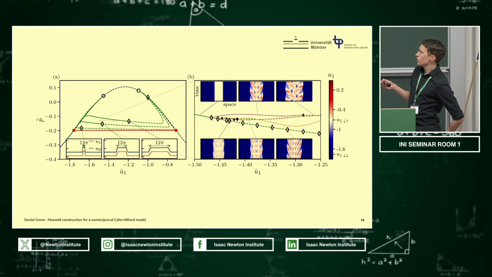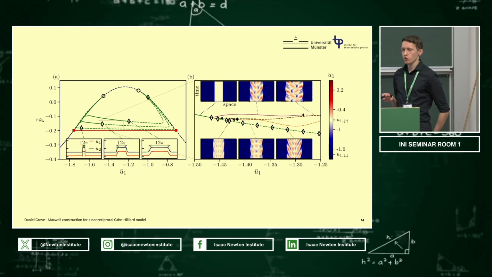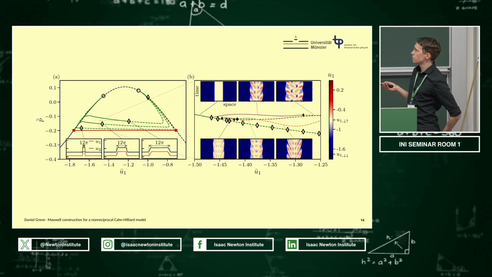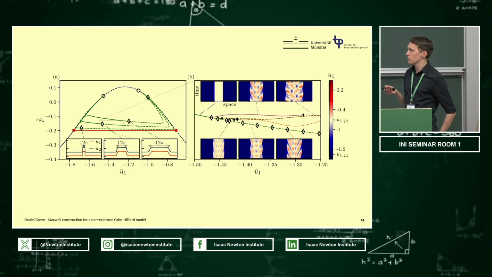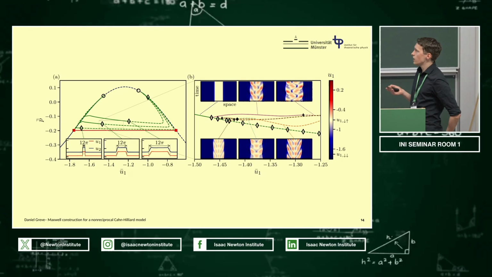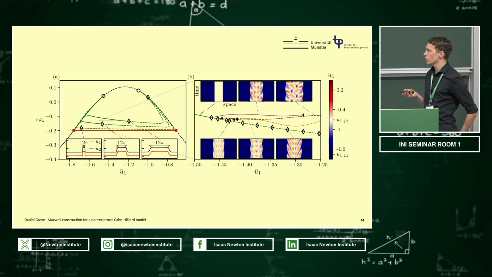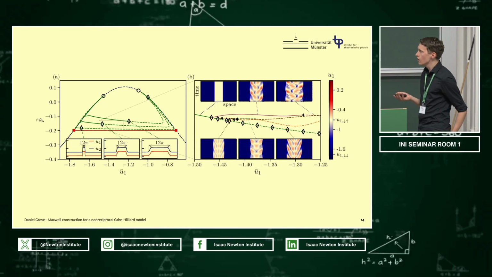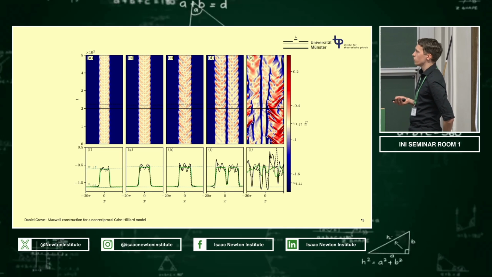And here you see this region enlarged. And then you can see that we see oscillatory states. So you find these localized oscillations. And at some point, all destabilize in secondary torus bifurcations, and you don't know what happens next. Therefore, we also do time simulations. So this is here in 1D.